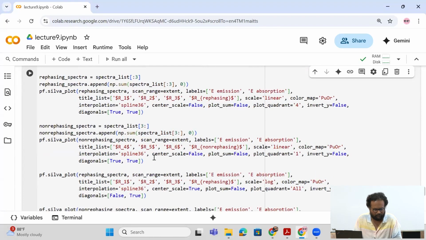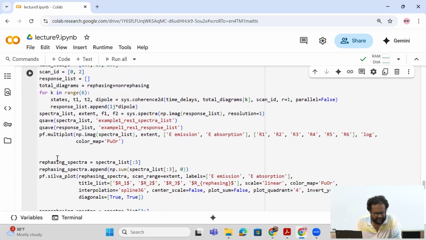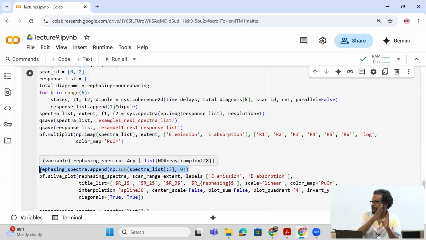This takes the rephasing spectra in the spectra list. The first 3 are the rephasing spectra. I take those and add all of them, so all 3 rephasing excitation pathways, R1, R2, R3. I calculate the spectra associated with R1, R2, R3 and combine them. That is my total rephasing spectrum.